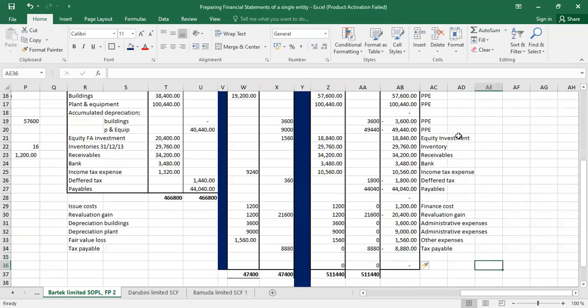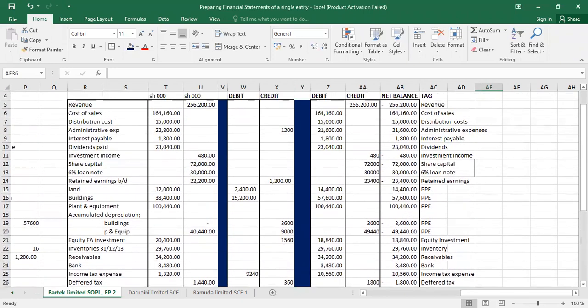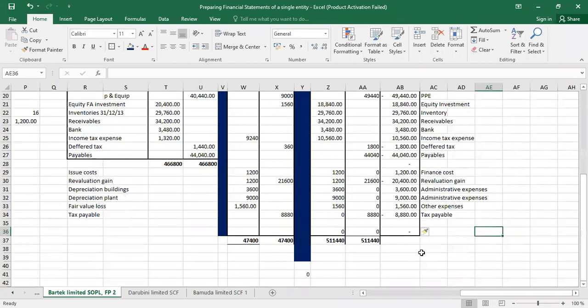We had something on here, the 6% loan note, isn't it? It must result into interest expense, isn't it? We don't have interest expense. So here, interest expense equal the 6%.